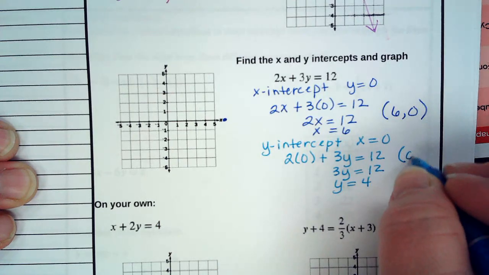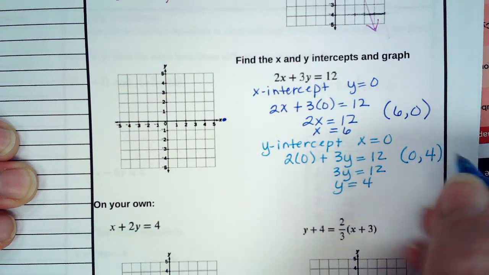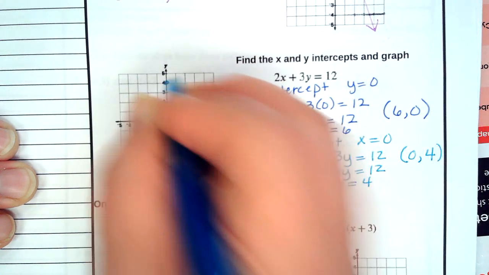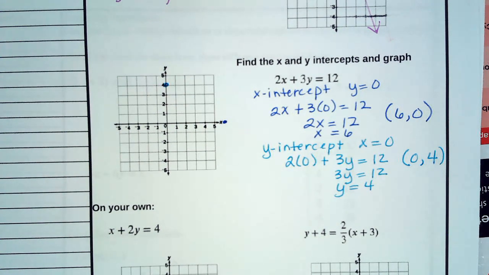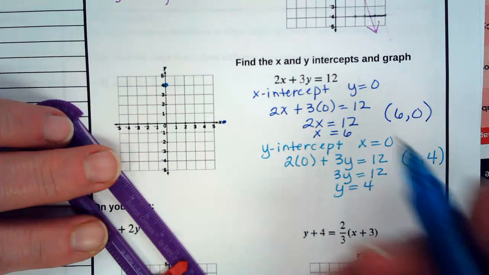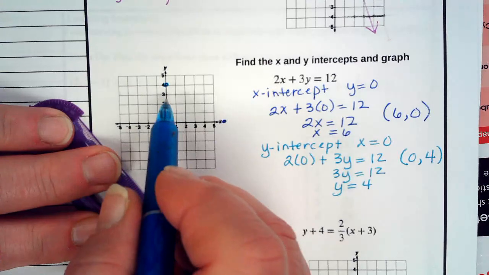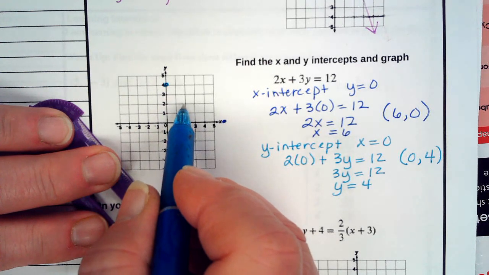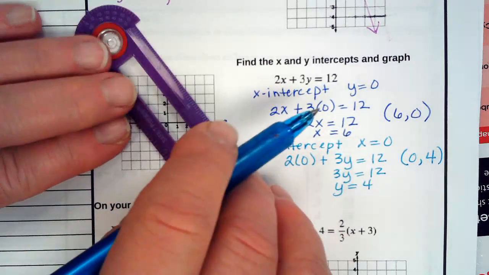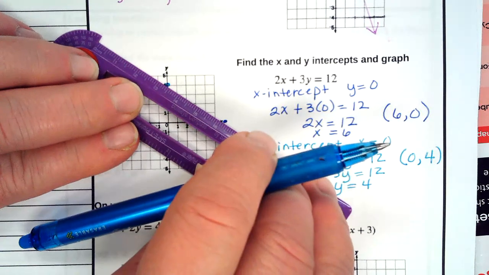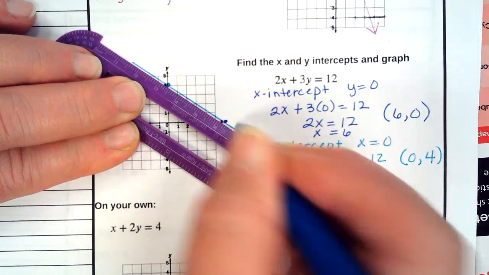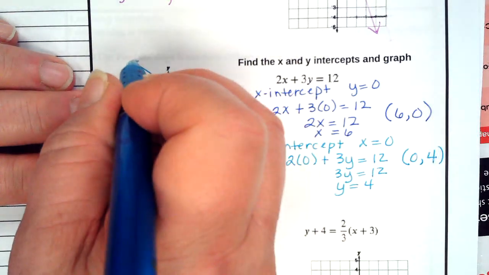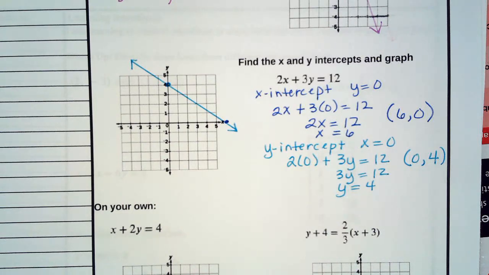So this point is 0, 4. Okay, draw your line. And you have your line now.